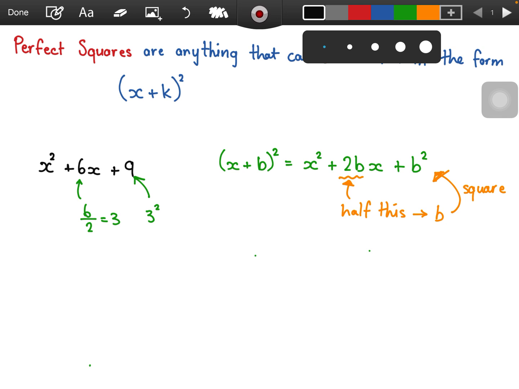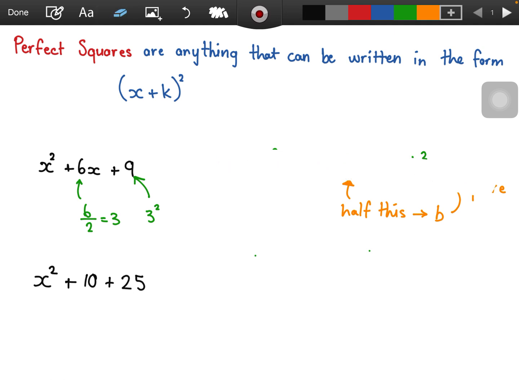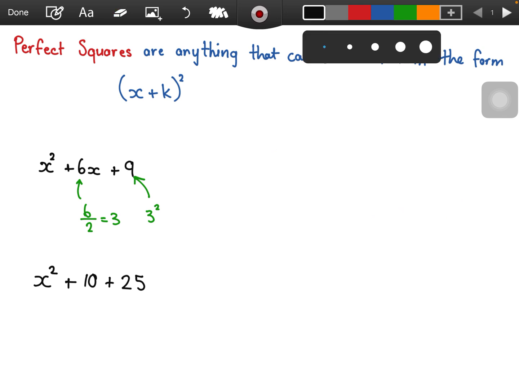So try that again for, let's say, x squared + 10x + 25. Pause and try that. We're halving what's in front of the x and then squaring it.